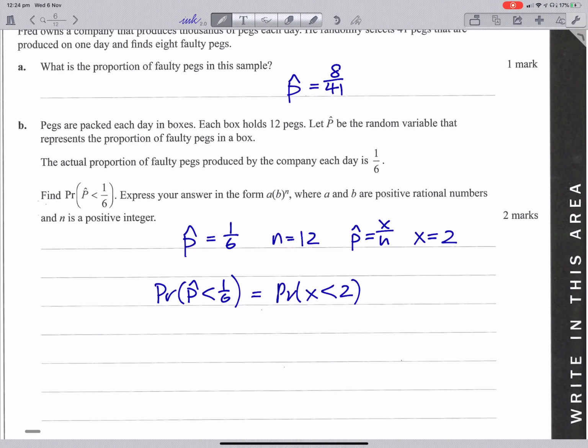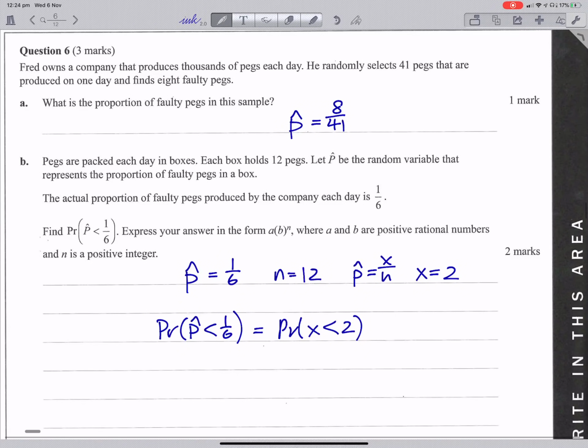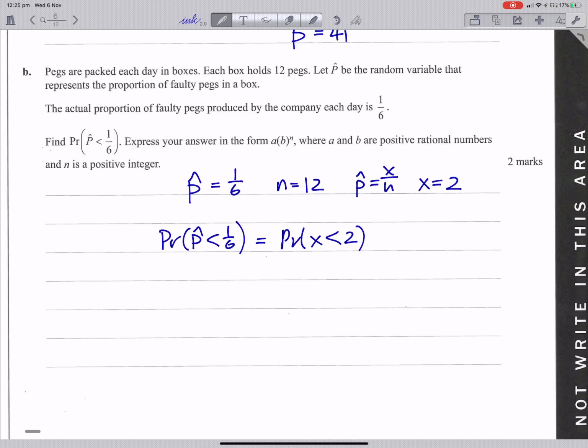Now, is this binomial? Faulty peg, so the actual proportion, that's from the whole population. So this is binomial. So we'll say X is binomial with 12 and 1/6. So the probability that X is less than 2 is equal to the probability that X is equal to 0 plus the probability that X is equal to 1.